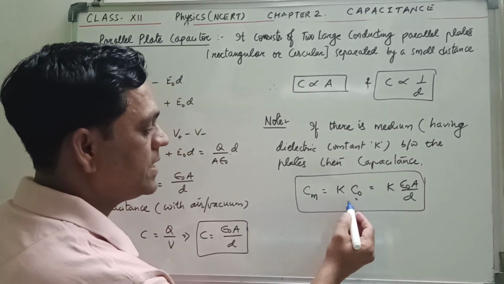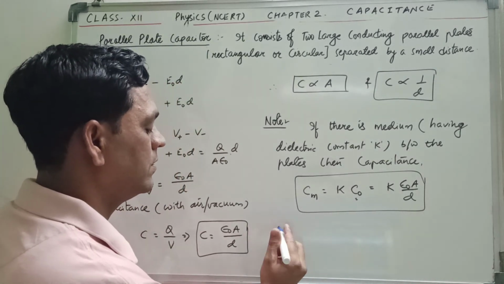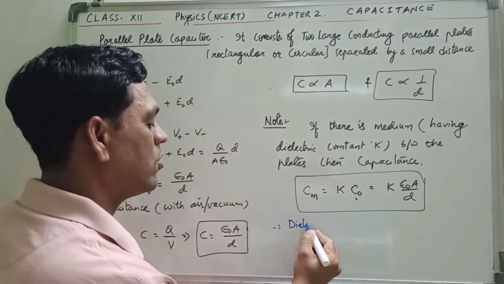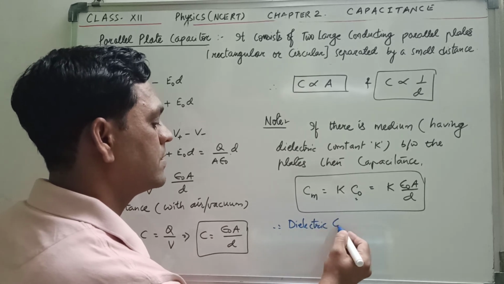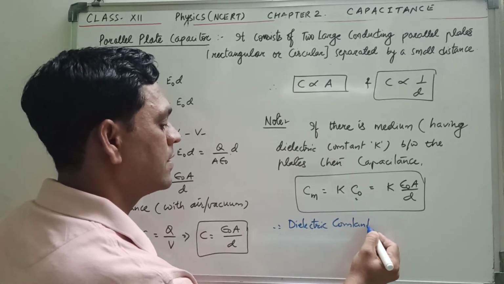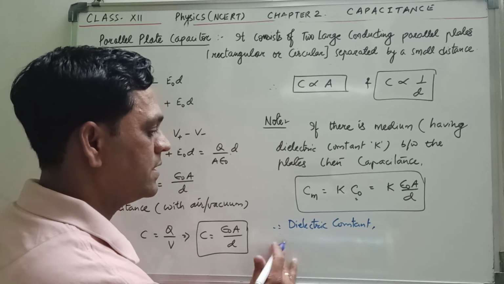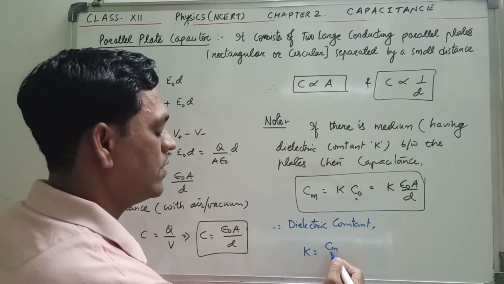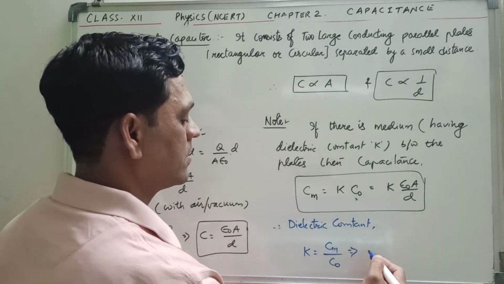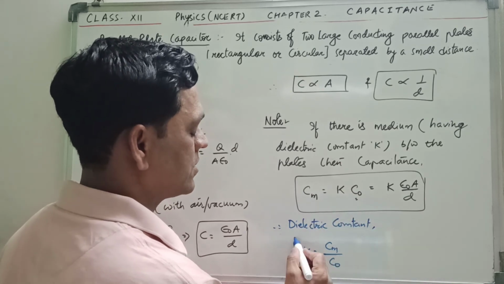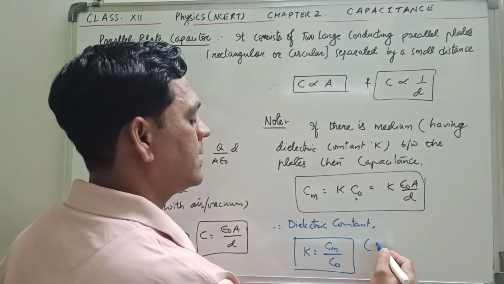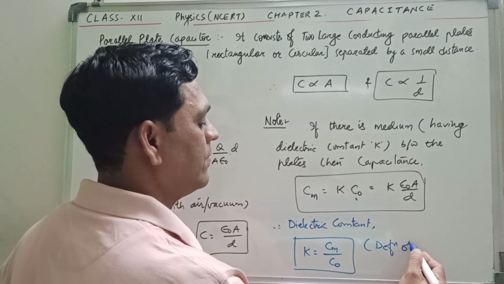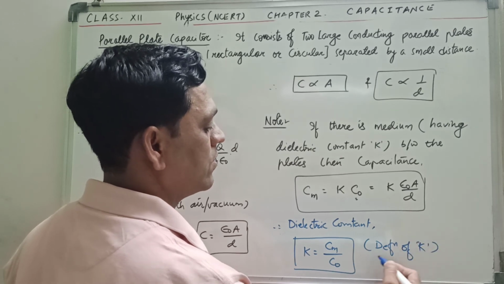Okay? So from this we can write that the dielectric constant K is equal to Cm upon C naught from this relation only. And this can sometimes be taken as the definition of dielectric constant also. Correct?